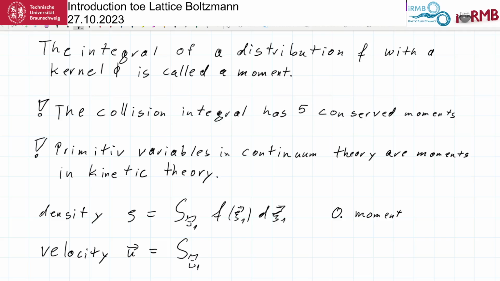If we have f times the velocity xc1, and we divide this by rho, the density, then we actually get the velocity, because I wanted to go to the primitive variables. You can also design a moment without dividing by rho, then we would end up at the momentum instead of the velocity.